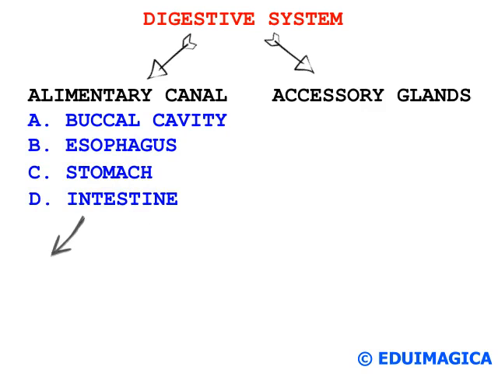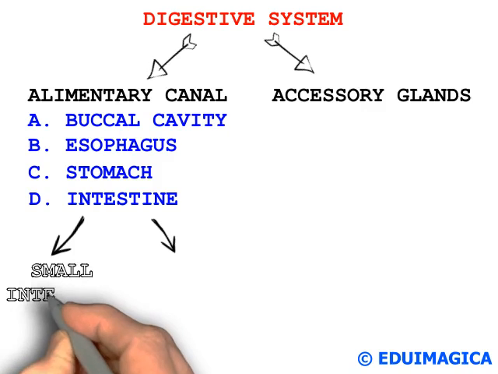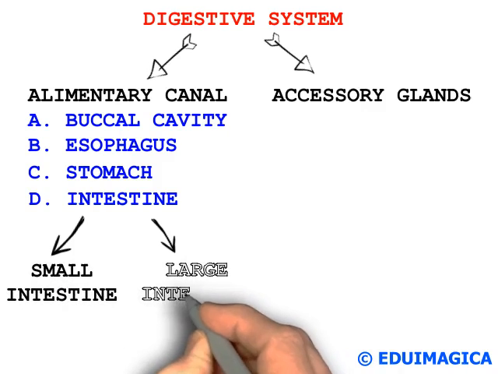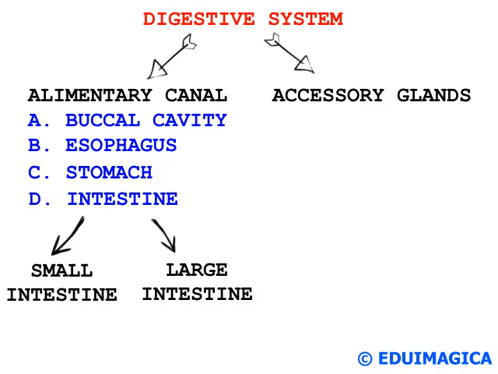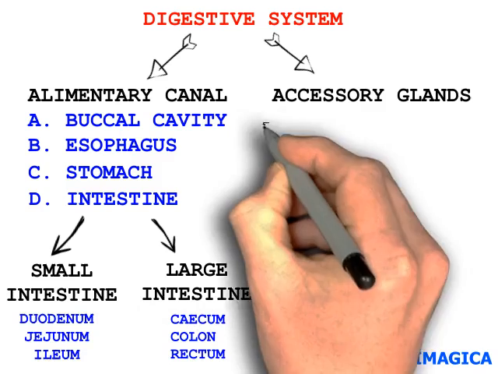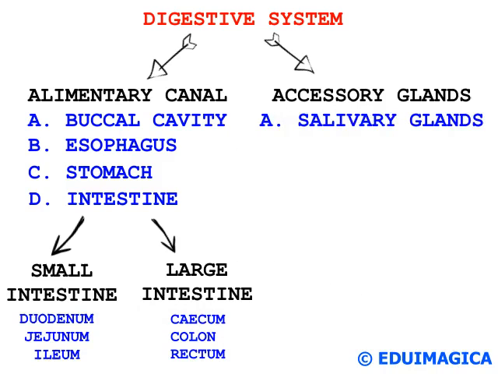The intestine has two parts: the small intestine and the large intestine. The small intestine consists of the duodenum, jejunum, and ileum, whereas the large intestine has the cecum, colon, and rectum. The accessory glands are the salivary glands, liver and gallbladder, and the pancreas.